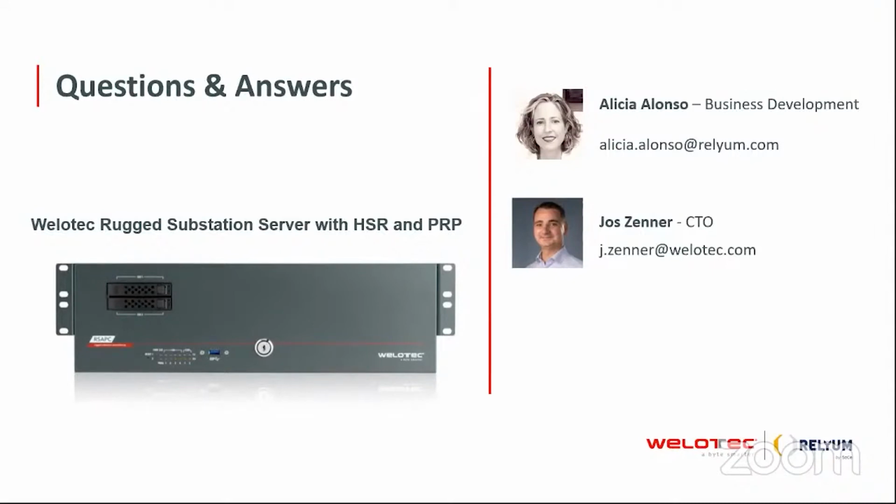Okay. The next one I think is for Jos. Jose would like to know, do you have any implementation example with the RSA PC? Yes, of course. We have multiple HVDC installations all over Europe. We also have installations in transmission grids for transmission substations, where we use it as PRP or HSR node.